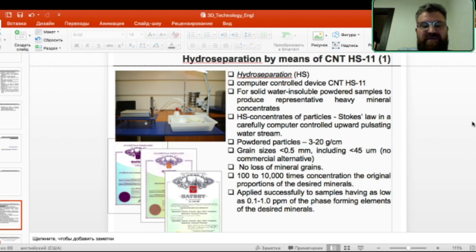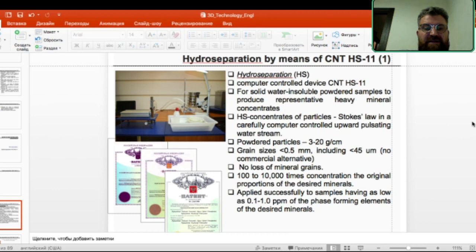I will explain. It's led by density, so there is a density range that you can use. Each density range corresponds to a specific regime you can set up and use. But it's also computer controlled, so you can actually program the device.